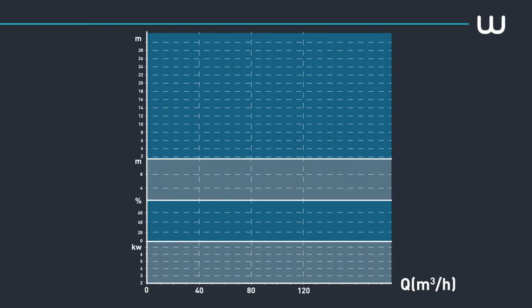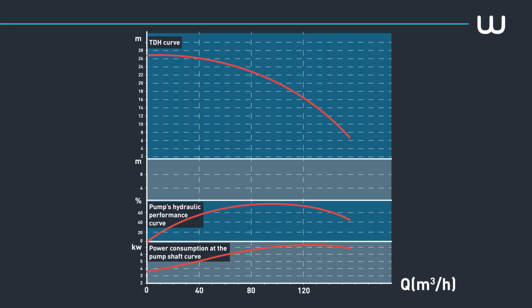This specific graph is generally composed of 4 different graphs, where the flow is always situated on the x-axis. It includes the TDH curve, the pump's hydraulic performance curve, the power consumption at the pump shaft curve, the NPSH required curve.